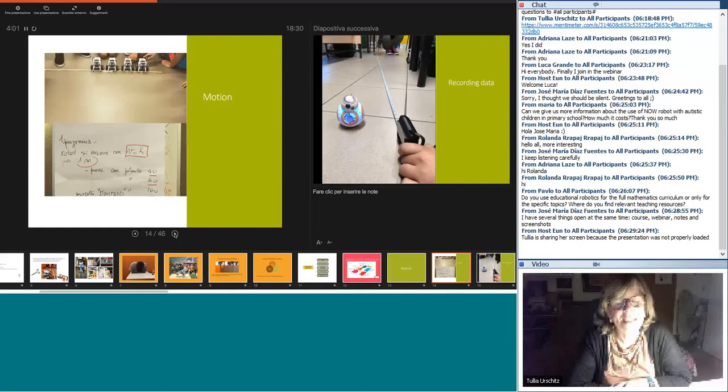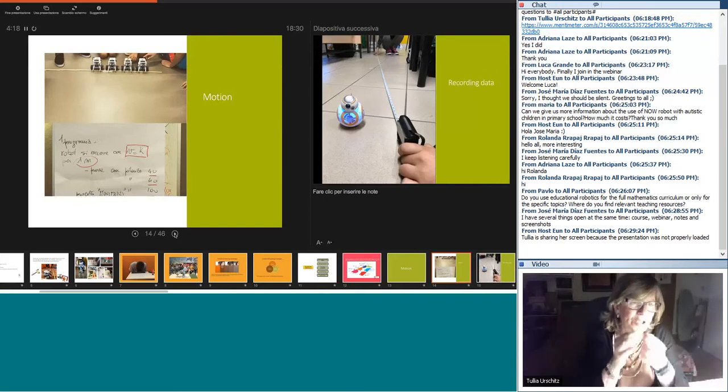What is nice is that the task can be done with different approaches, considering the age of the students. So if you are in primary school, you can just ask students to put a string around the wheel of the robot.